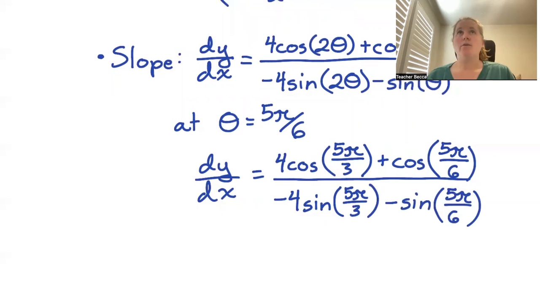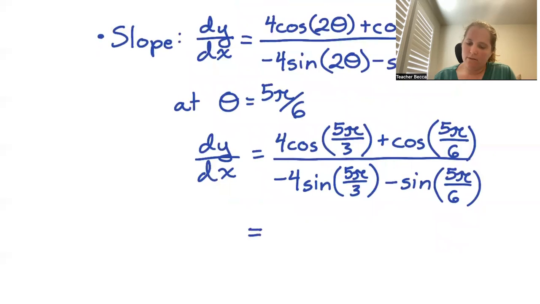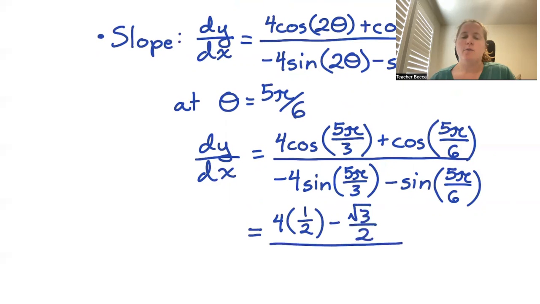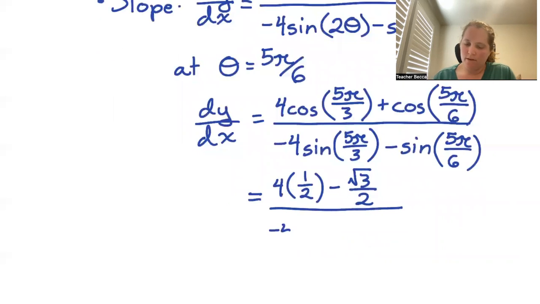Cosine of 5 pi over 3 is a positive 1/2. So we have 4 times 1/2, plus cosine of 5 pi over 6, which is minus root 3 over 2. Then we have a negative 4 times sine of 5 pi over 3, which is a negative root 3 over 2. Then we are subtracting off sine of 5 pi over 6, a positive 1/2.